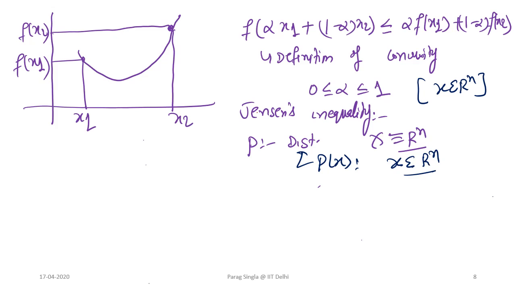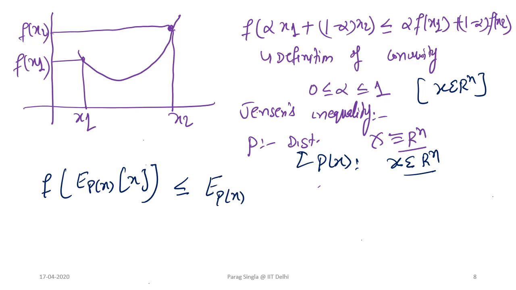Jensen's inequality states that if I take the function f applied over the expected value of x, then this quantity is going to be less than or equal to the expected value of the function f itself.